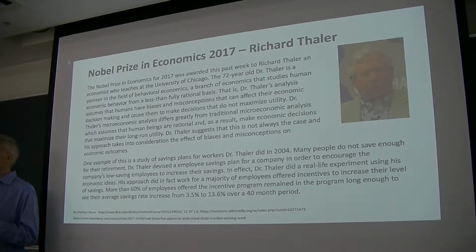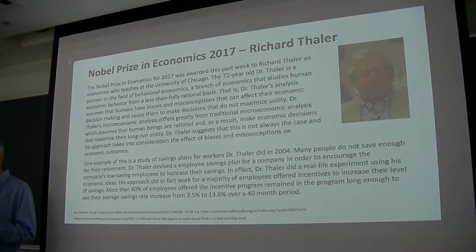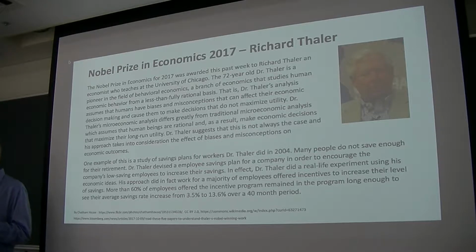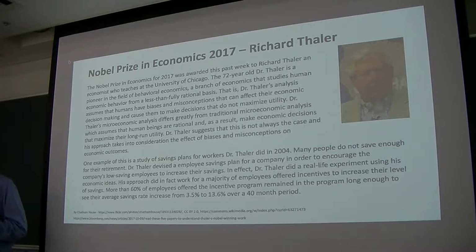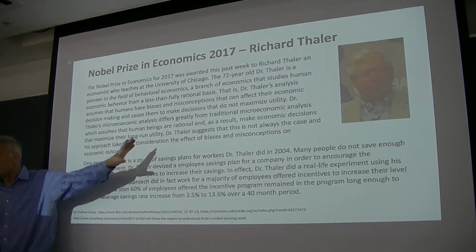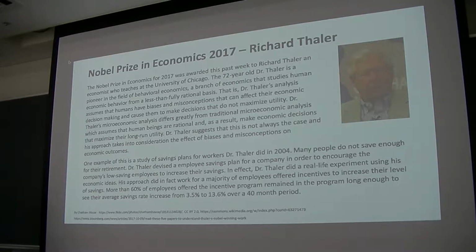They believe they're going to work longer, or that the return on their investments is going to be high enough that they don't have to save as much. In many cases, these are biases, and reality is very different.